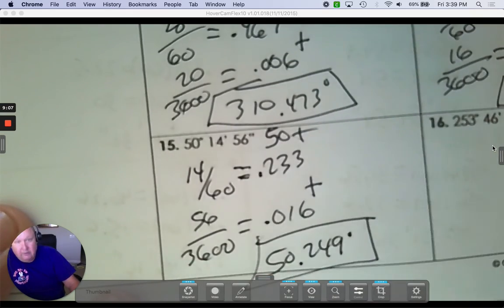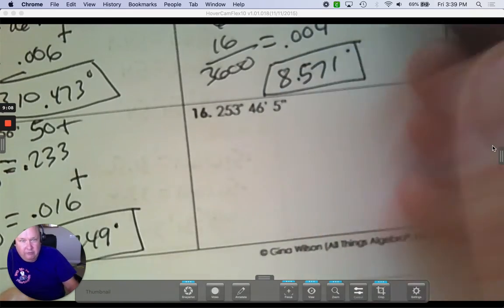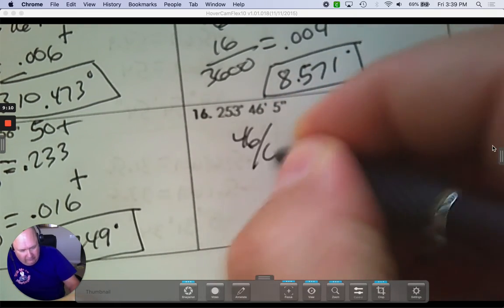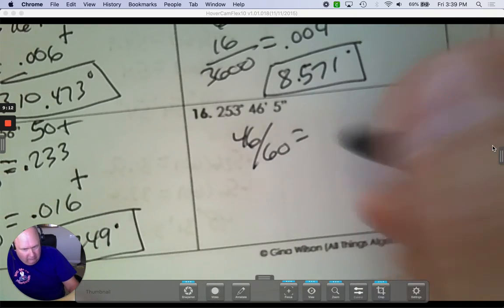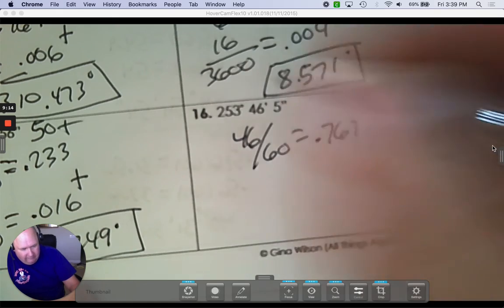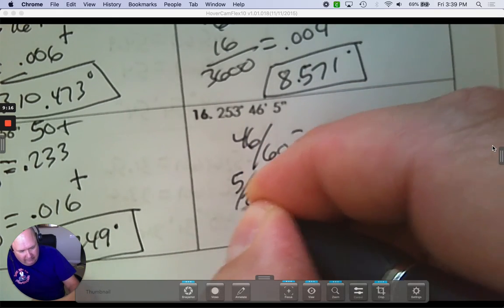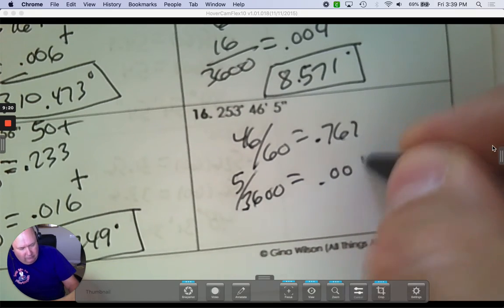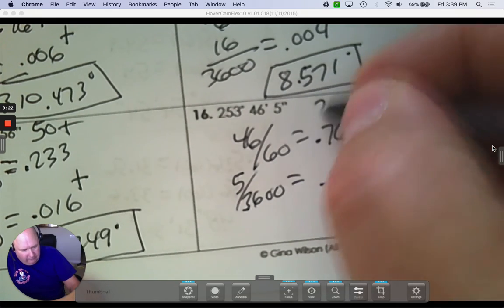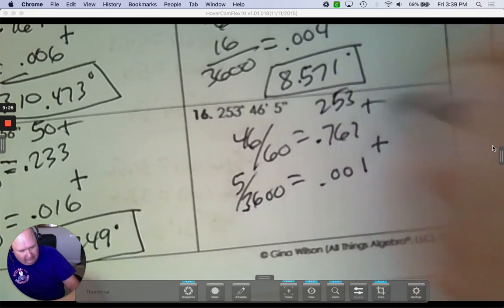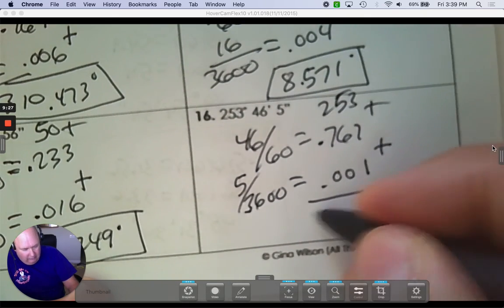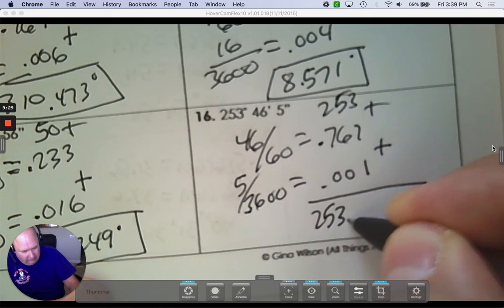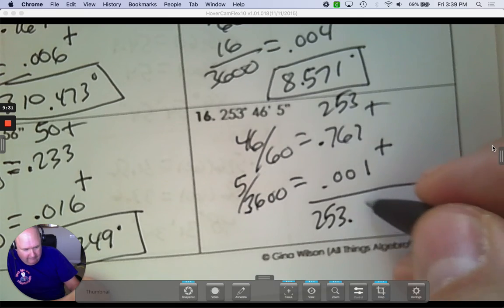All right, last one here. So number 16, 46 minutes divided by 60 is 0.767. 5 seconds divided by 3,600 is 0.001. Add that up with 250. So add all three up, and you get 253.768.